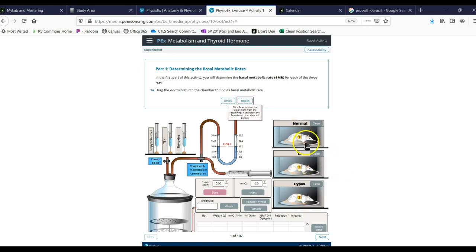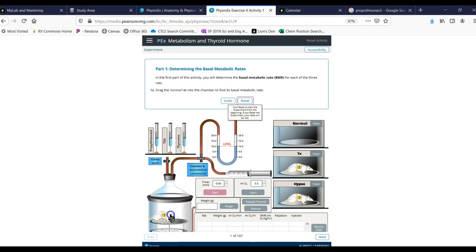So what you're going to do is get basal metabolic rates for these 3 rats, and then inject each rat with a different drug and do the metabolic rate again. So you're basically taking the metabolic rates of 3 rats 4 times. So you'll get quicker at it. You just need to not get so quick that you lose your data.